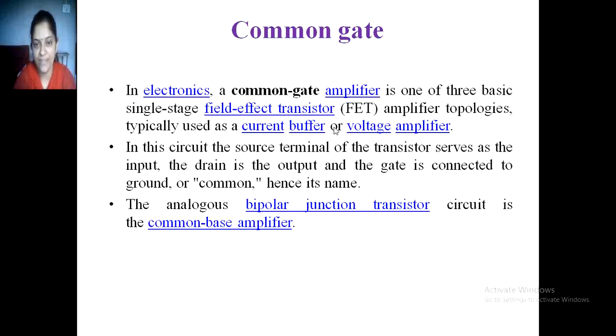The gate is connected to the ground or common, hence its name, the common gate amplifier. The analogous bipolar junction transistor circuit is the common base amplifier.